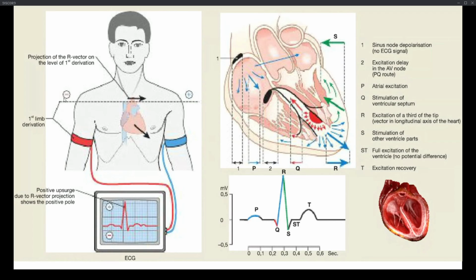Here you create an artificial vector. This would be the minus, or rather the negative, and here would be the positive voltage. And here you have the positive side and the negative side.